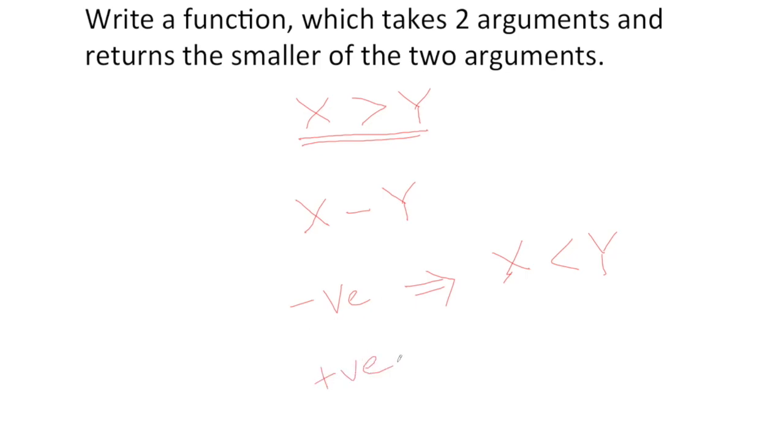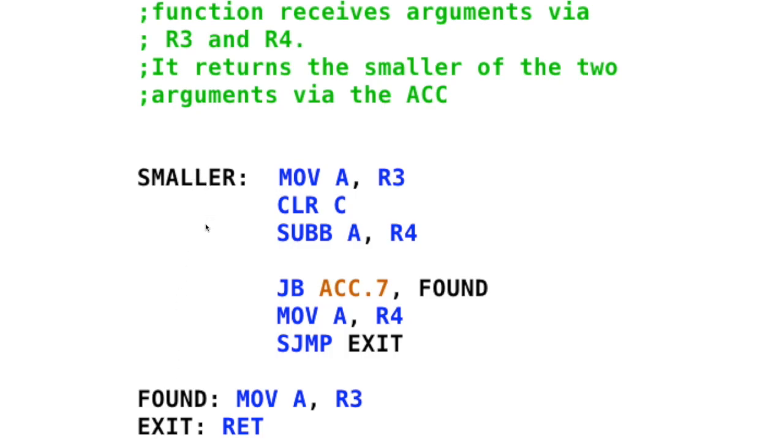And if it's a positive value or 0, for instance, then it simply implies that x was greater than or equal to y. So we can make use of these simple identities to write our program.